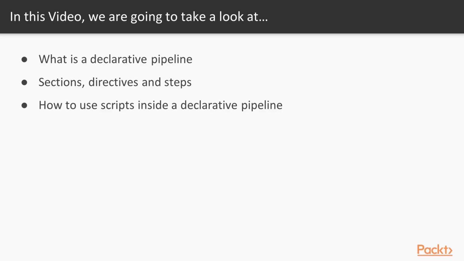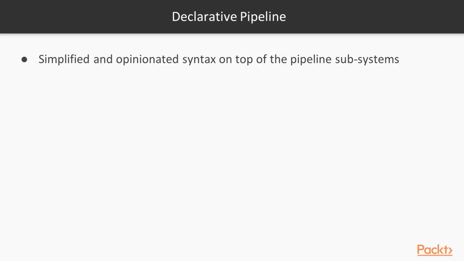In this video, we are going to see what is the declarative pipeline, then understand sections, directives, and steps, and finally see how to use scripts inside of a declarative pipeline. The declarative pipeline has a simplified syntax on top of the pipeline subsystem.